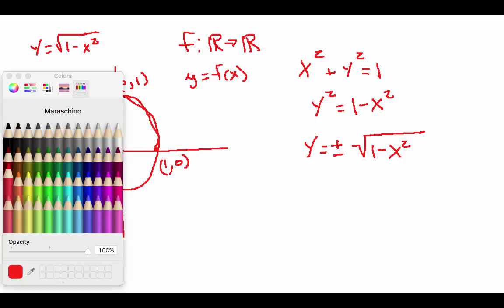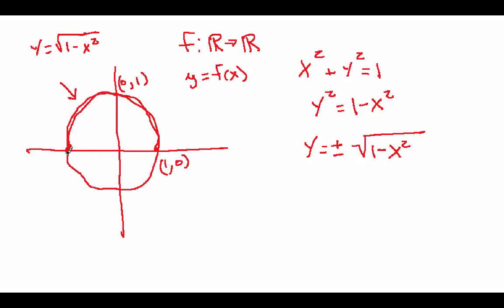And the bottom, let's switch colors, which starts here and goes all the way over to here, that's y is equal to minus the square root of 1 minus x squared. So the point that we're trying to make here is this is not a function.